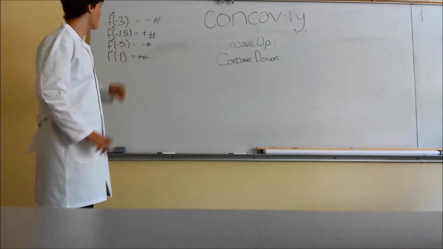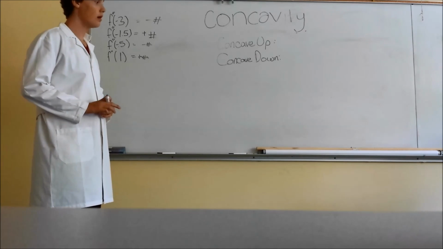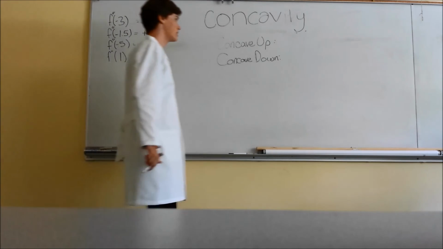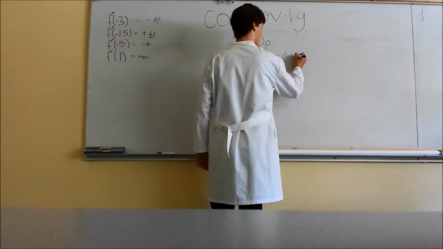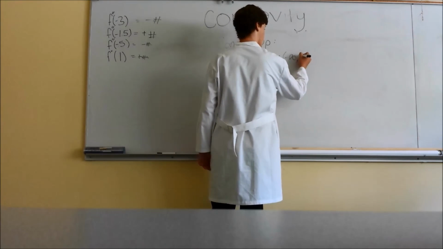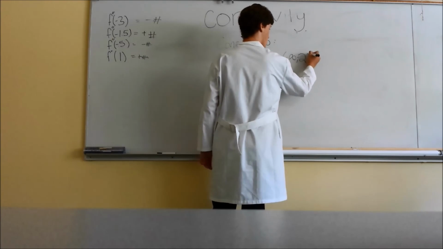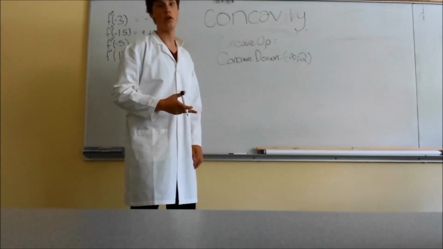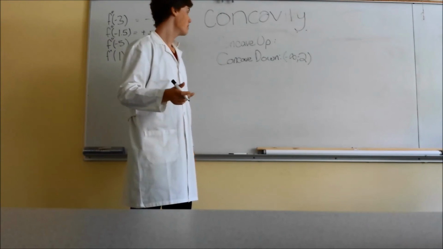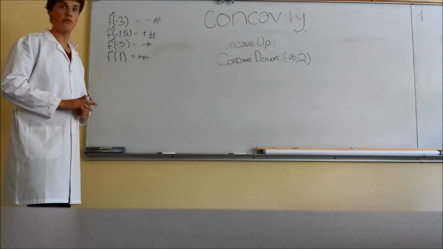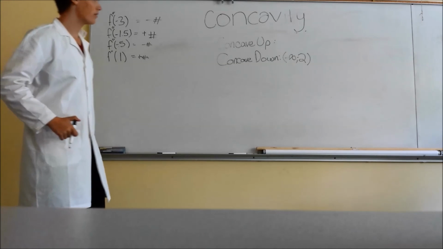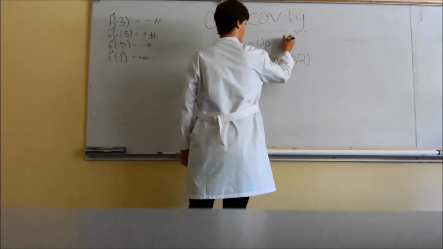So because at the value below negative 2 our concavity was down, we can say that for all values under negative 2, the concavity of our equation will be negative. Next, we look at the interval between negative 2 and negative 1, which is positive. Therefore, it is concave up on that interval.